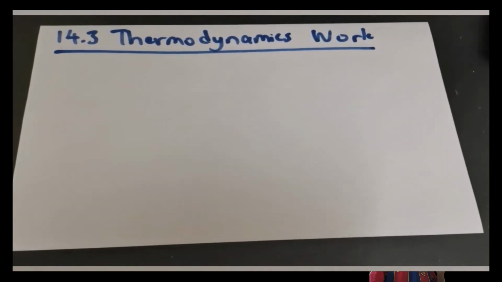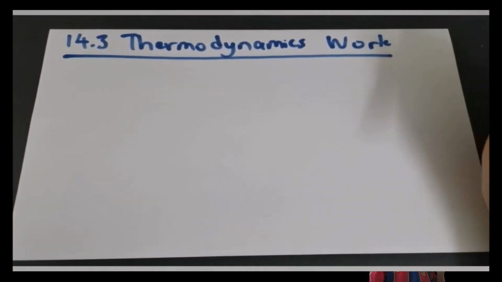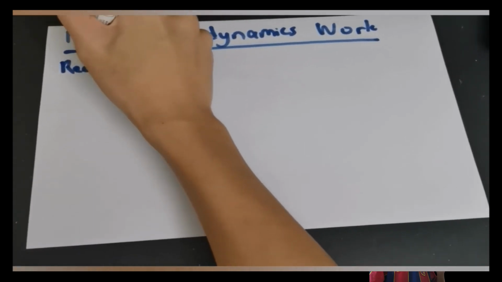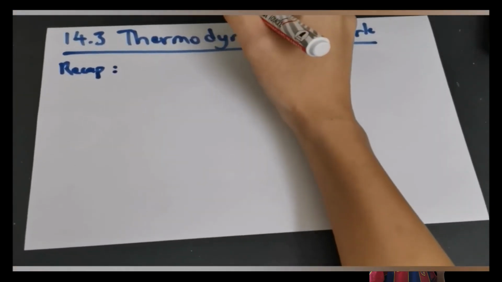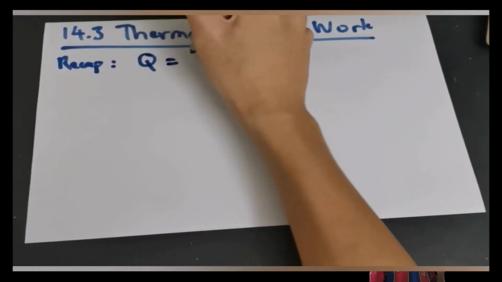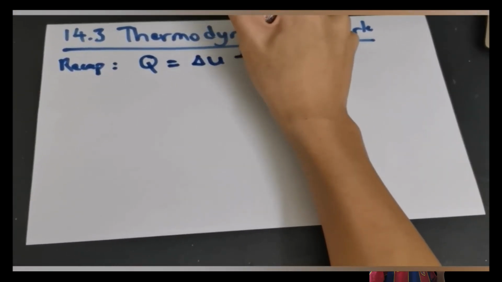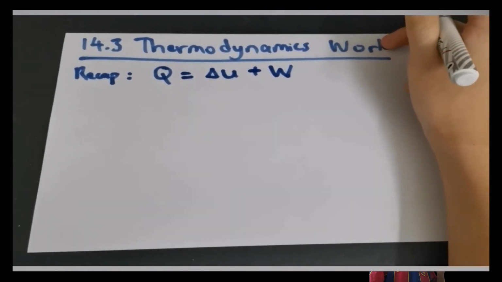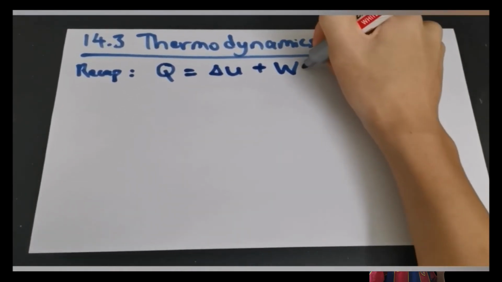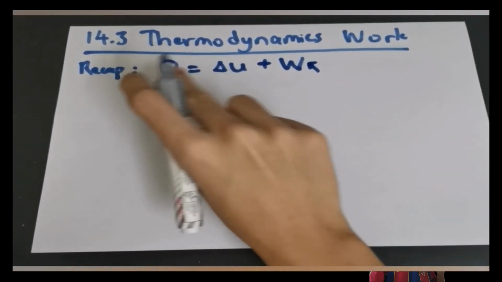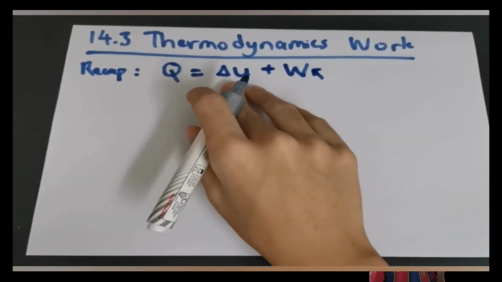So before I start this part, we're going to do some recap first. So some short recap. So first we need to remember this formula. In this subtopic, we are going to talk more about this, and these two I won't touch because my friend will explain it.